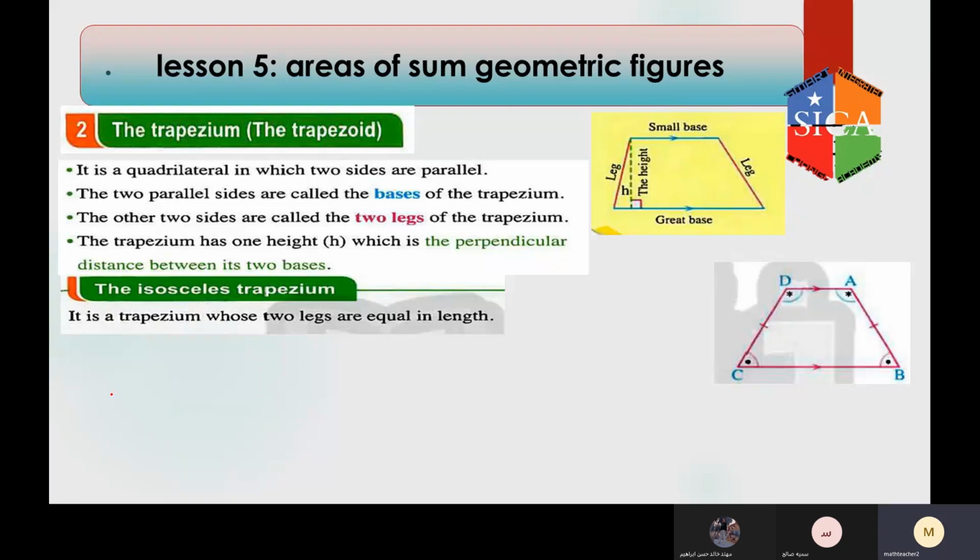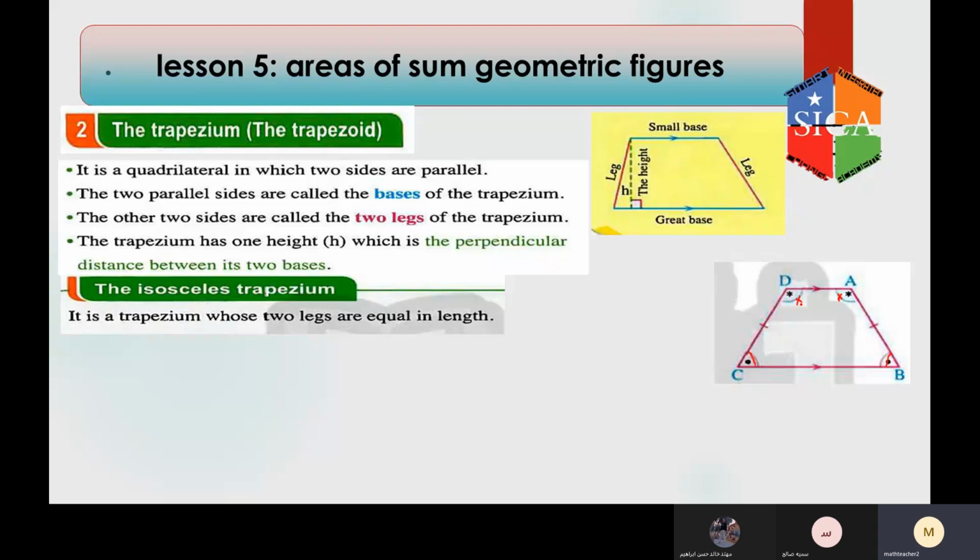In the isosceles trapezium, the measure of angle B equals the measure of angle C, which are the base angles, and the measure of angle A equals the measure of angle D. This angle equals the measure of this angle.